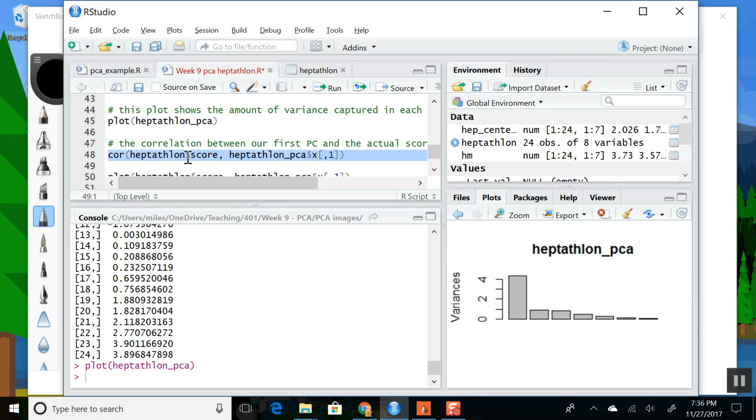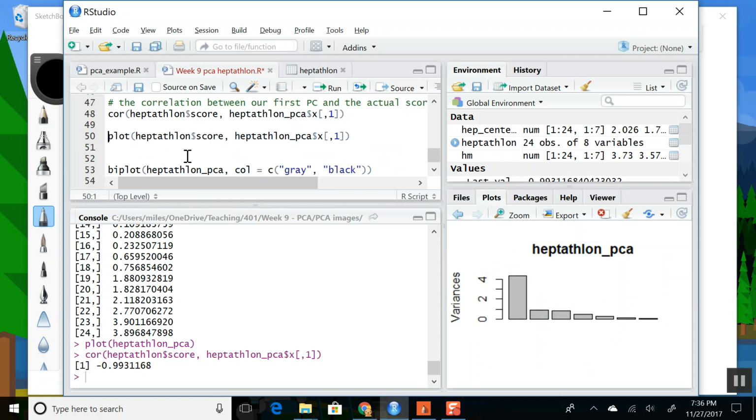Here is the correlation. If I ask, what is the correlation between the Olympic calculated score and the result after we project our data down onto one dimension using principal components analysis, we get a correlation of about 0.99, which is about as good as we could hope for.